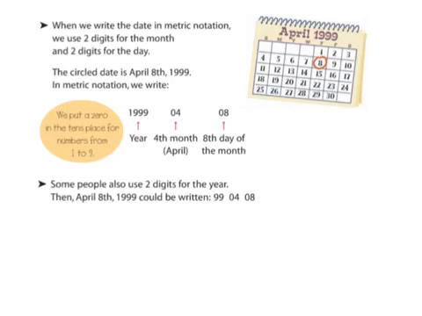When we write dates in metric notation, we usually use only 2 digits for the month and 2 digits for the day. So in this case, we have April 1999, and it is the 8th. So we would write this as 99. Often there's slashes in between. April is the 4th month. You'll need to know your months in order: January, February, March, April, making that the 4th month.